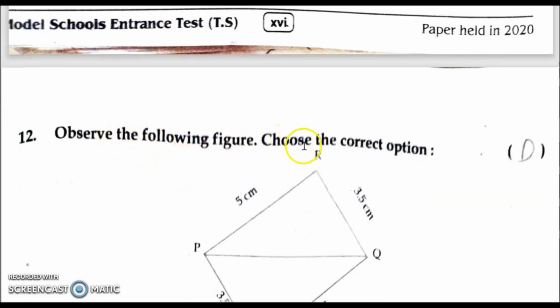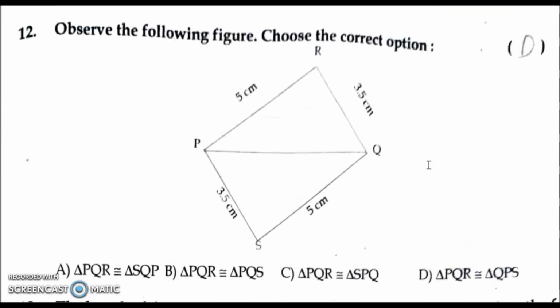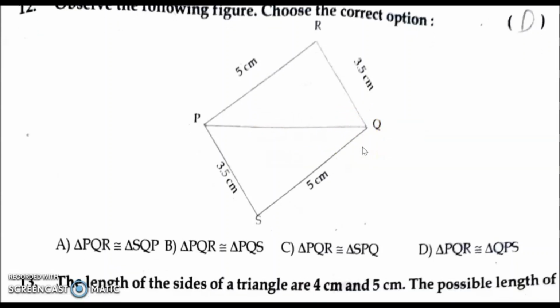Observe the following figure and choose the correct option. Here, two triangles make up a rectangle. The correct option is triangle PQR is congruent to triangle QPS, because when we flip the bottom triangle over, the sides also flip onto each other.